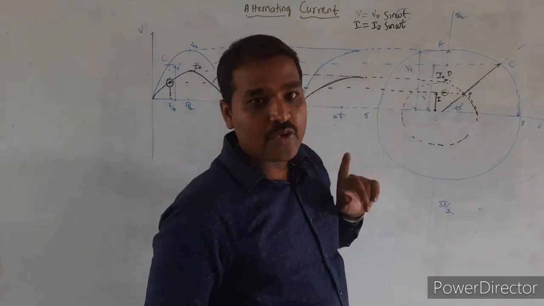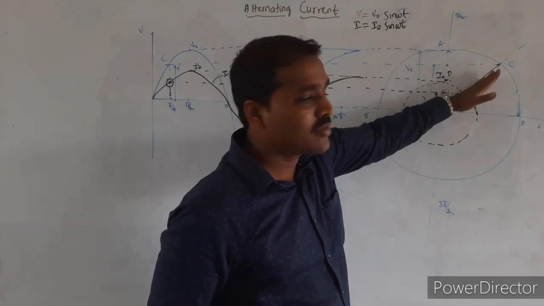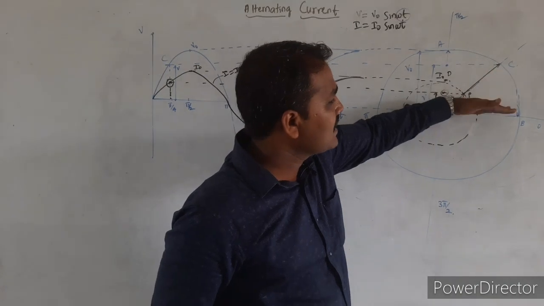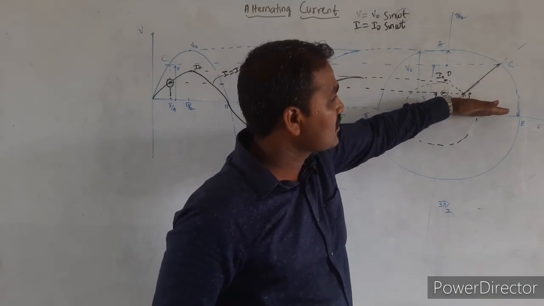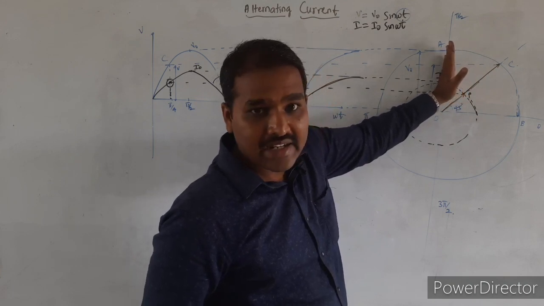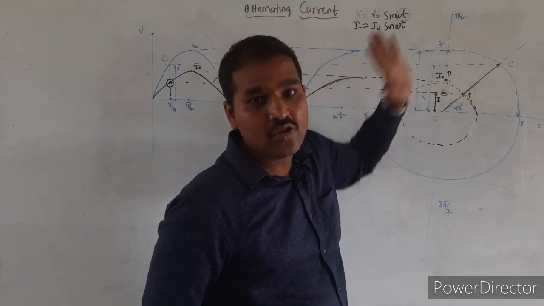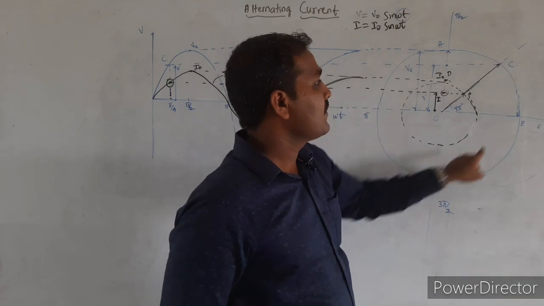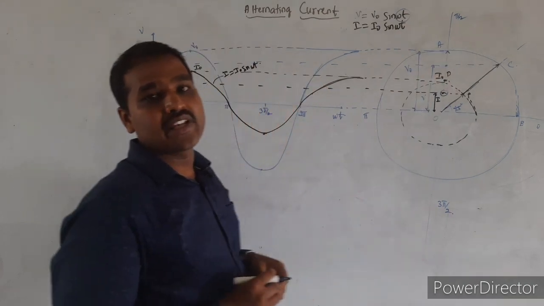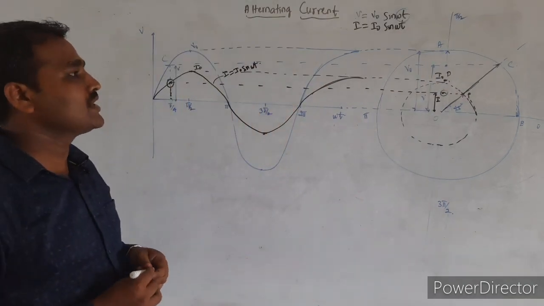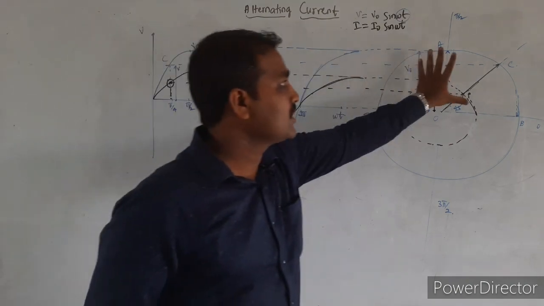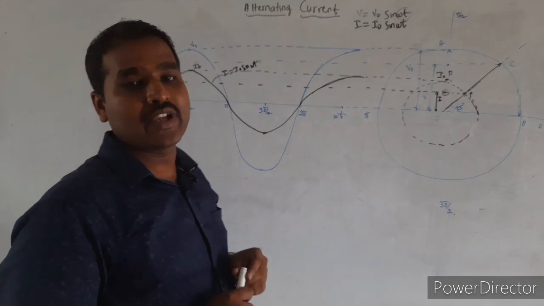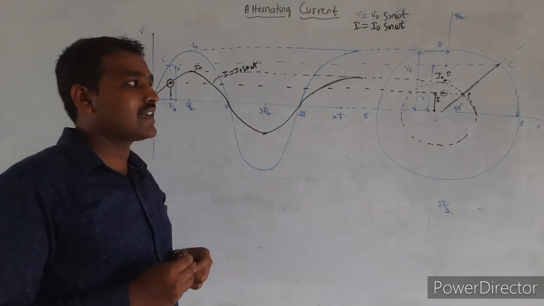But at any angle you consider, both these lines will be collinear. When angle is 0, the current phasor is along the x axis, the voltage phasor is also along the x axis. At angle 90 degrees, both will be along the positive y axis. This is how we can represent the variation of voltage and current using phasor diagrams. The same graph is projected on this vertical axis to get the instantaneous values of current and voltage.